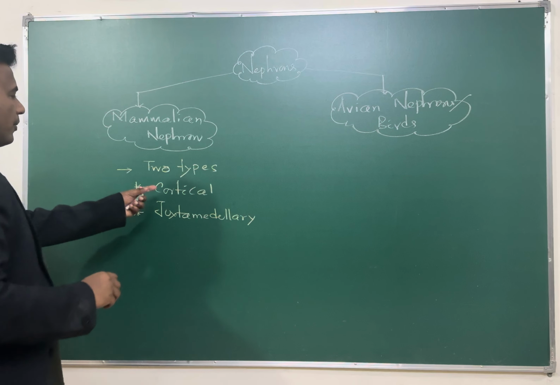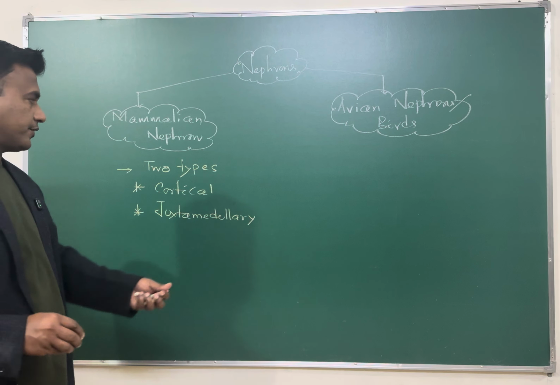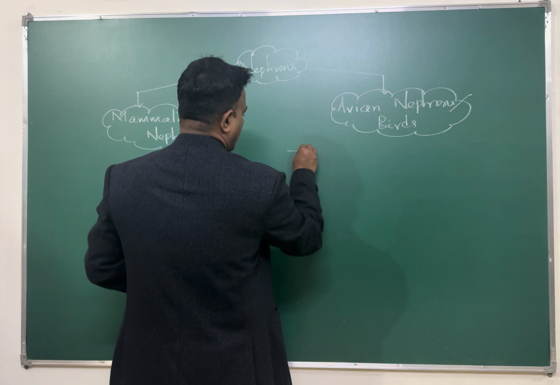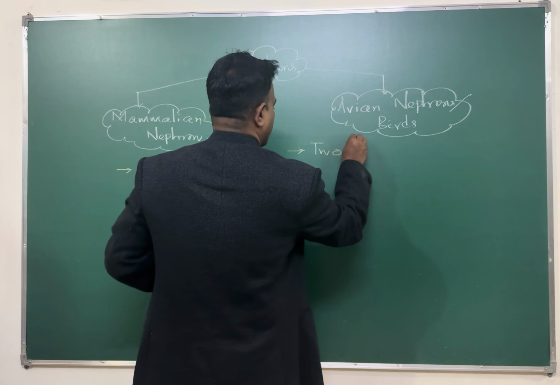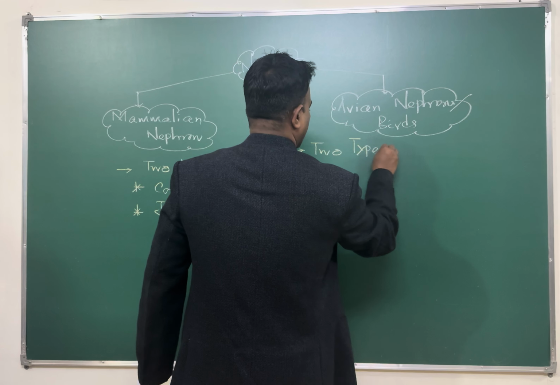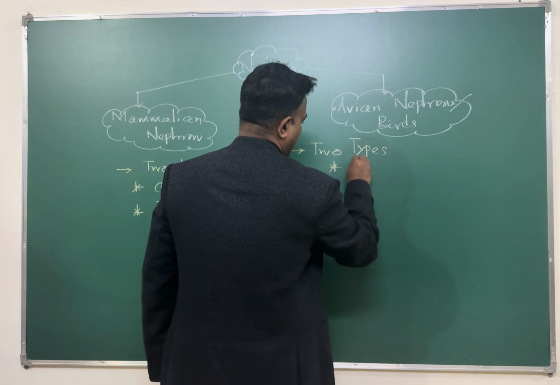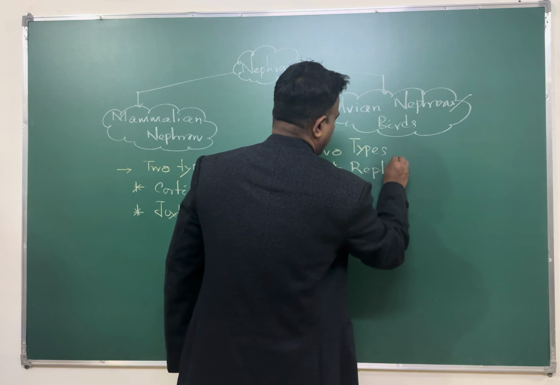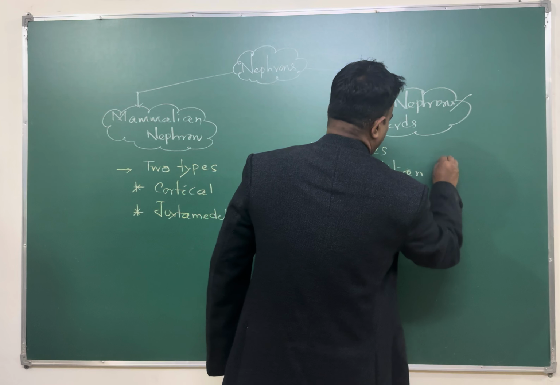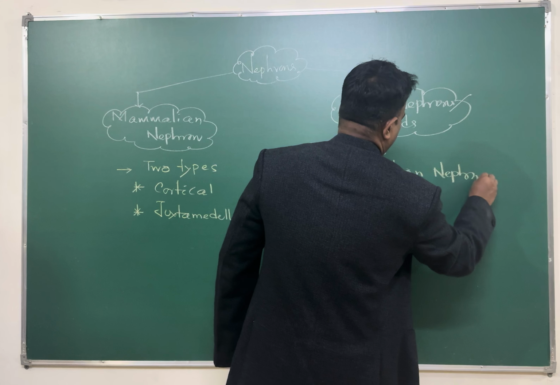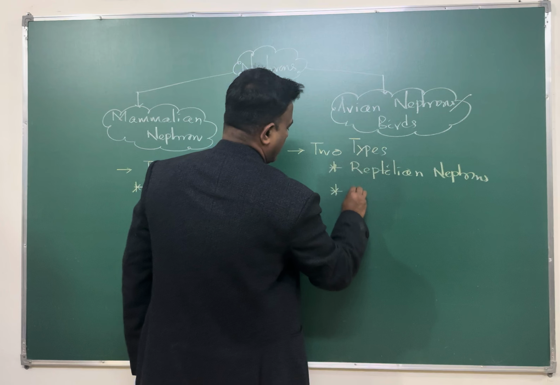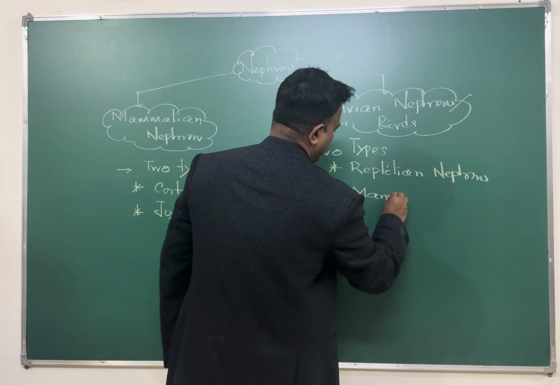Similarly, this type of concept is not applicable to the birds. In the birds, also you are getting two types of nephron, but these nephrons are classified as reptilian nephrons and the second one is the mammalian nephrons.